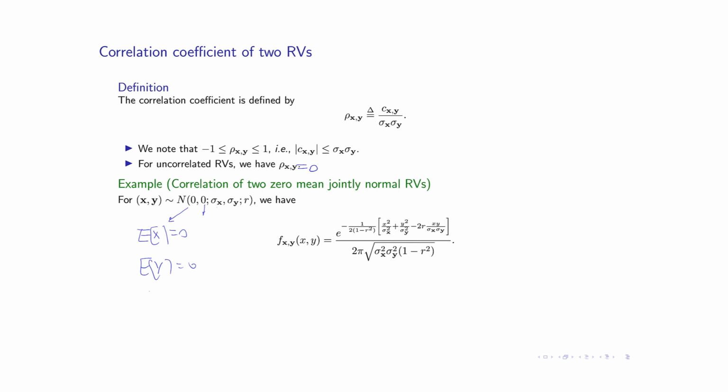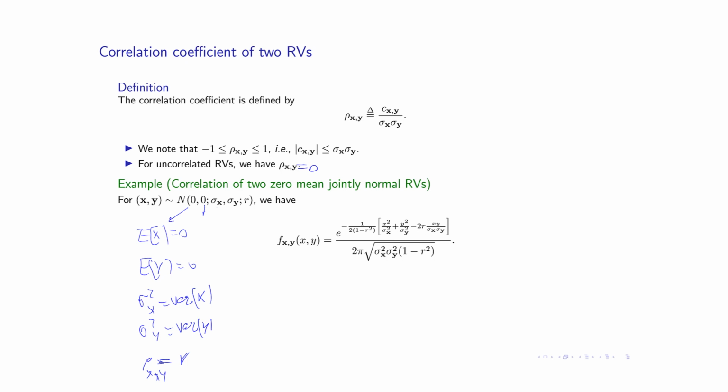The third is the variance: sigma squared x is the variance of x, and sigma squared y is the variance of y. And r is equal to rho xy.